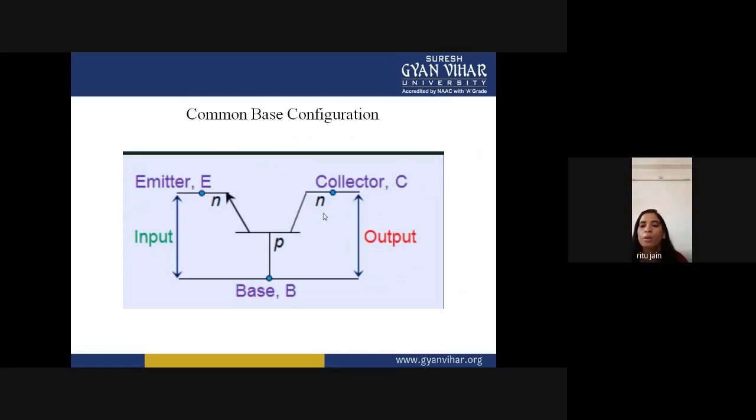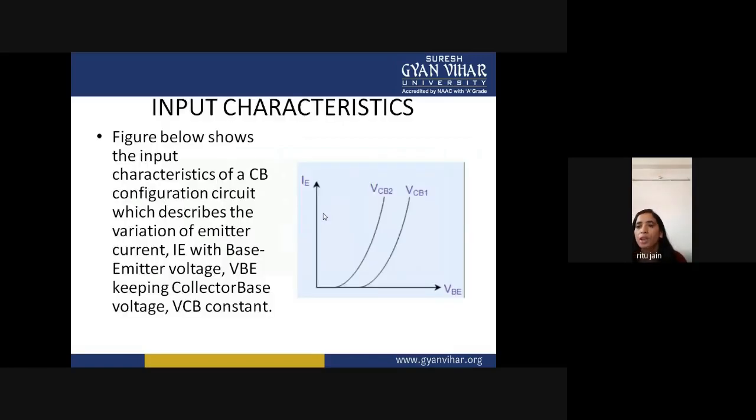Now if you want to draw the input characteristic for this common base configuration, you have to keep the output voltage constant, meaning VBC must be constant, and you will find how your input current changes as you change the emitter-base voltage. So let's see in the diagram the input characteristic for common base configuration.